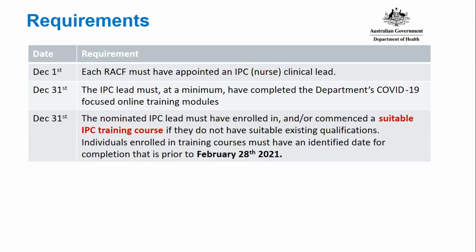By December the 31st, the IPC lead must at a minimum have completed the department's COVID-19 focused online training modules, and that by December the 31st, that nominated IPC lead must have enrolled in and or commenced a suitable IPC training course if they don't have suitable existing qualifications, and that course is to be completed by February the 28th of next year.